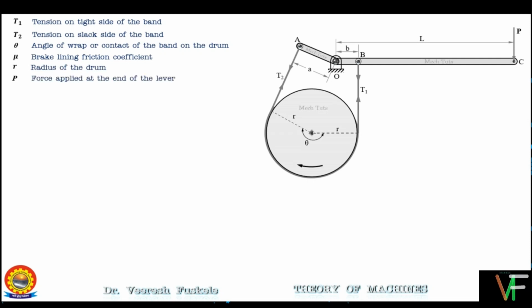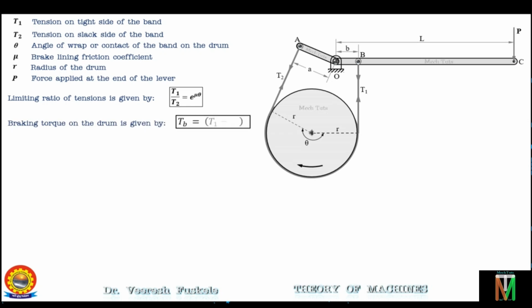Now, as discussed earlier, the limiting ratio of tensions is given by T1 by T2 equal to e to the power of mu theta, and the braking torque on the drum is given by Tb equal to (T1 minus T2) into R. These two equations we will be using for solving the numericals.